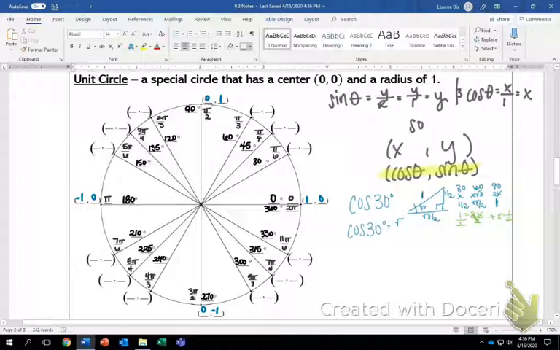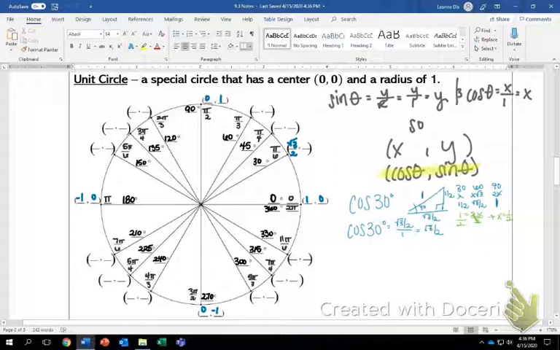So if I look at my theta being at 30, my adjacent is the square root of 3 over 2 over my hypotenuse, which is 1. Well, anything over 1 is just itself, the square root of 3 over 2. So I know that my cosine, or my x value, when theta equals 30, is going to be the square root of 3 over 2. So I can fill that in to my ordered pair right here.